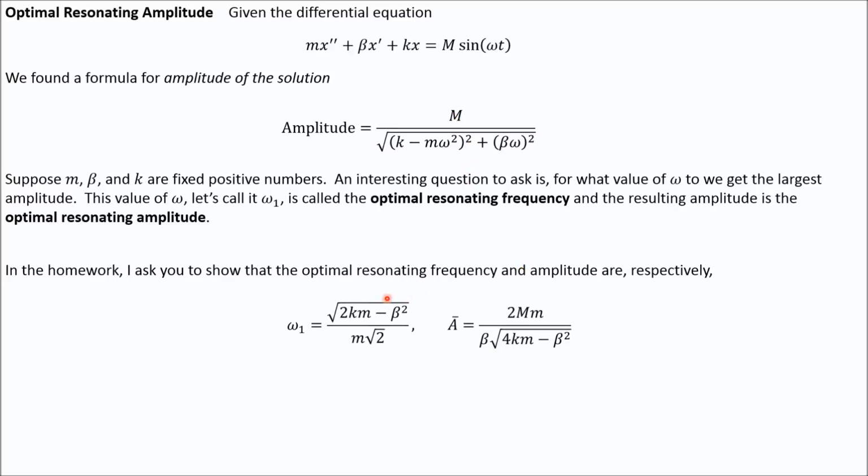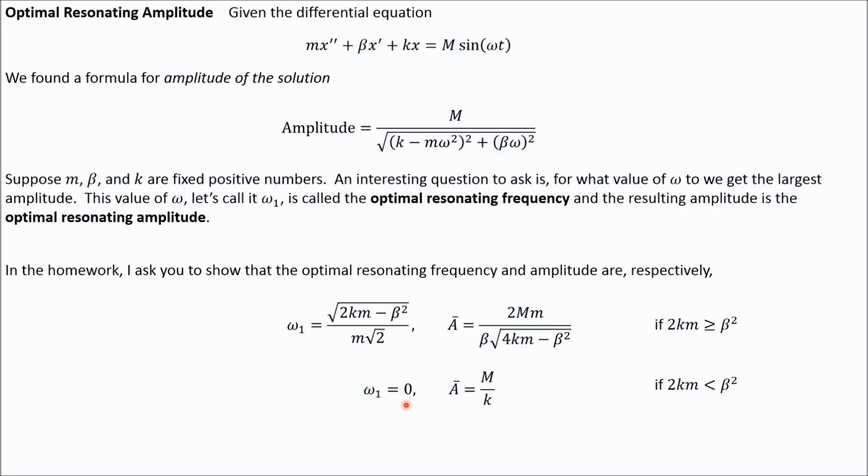Actually, there's the answer, so I'm really more asking you to show that this is the correct answer. But this is only the correct answer if 2km is larger than beta squared. Otherwise, this wouldn't make sense. And in that case, where 2km is smaller than beta squared, the optimal resonating frequency is 0.